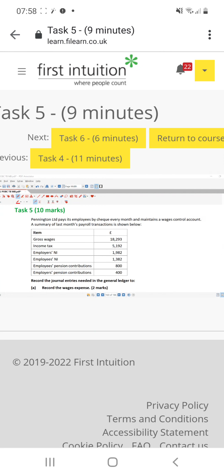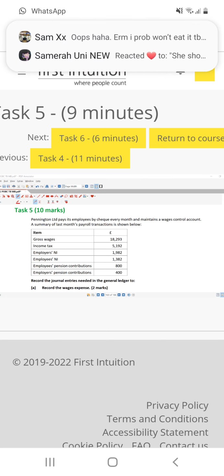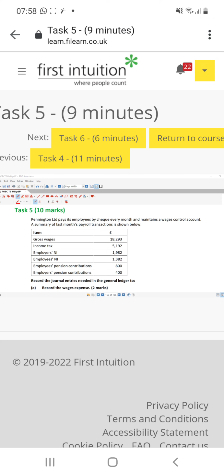Here, they have said that they pay their employees by cheque every month and maintain a wages control account. A summary of last month's payroll transactions is shown below. So what we have got here is our gross wages, income tax, employers' and employees' NI, as well as employees' and employers' pension contributions.